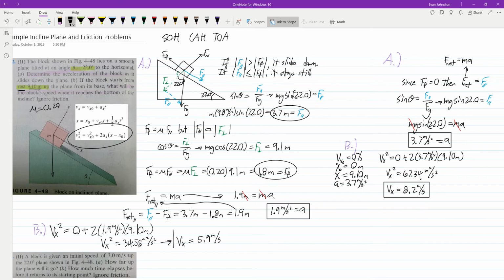So part B was literally the exact same, just with a different a value. But doing this whole problem with friction took a heck of a lot more than doing it without friction. Without friction, we just said the parallel force is our net force, so let's find the parallel force and set it equal to ma, because that's Newton's second law.